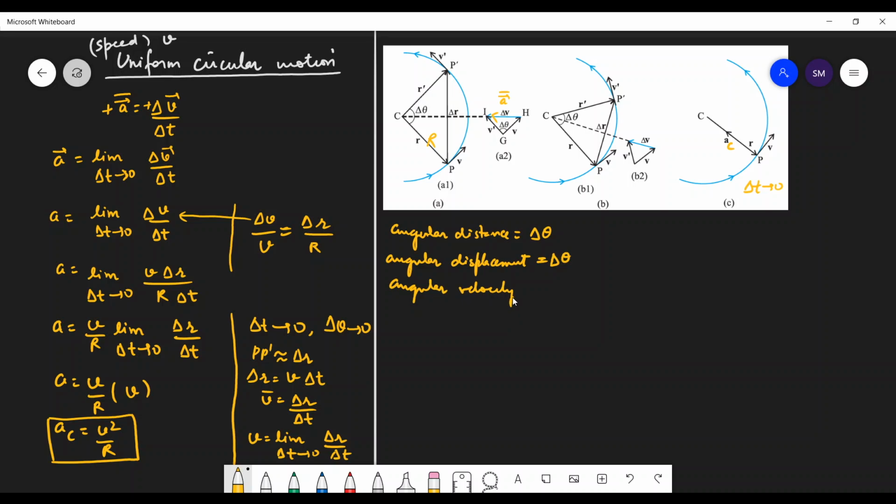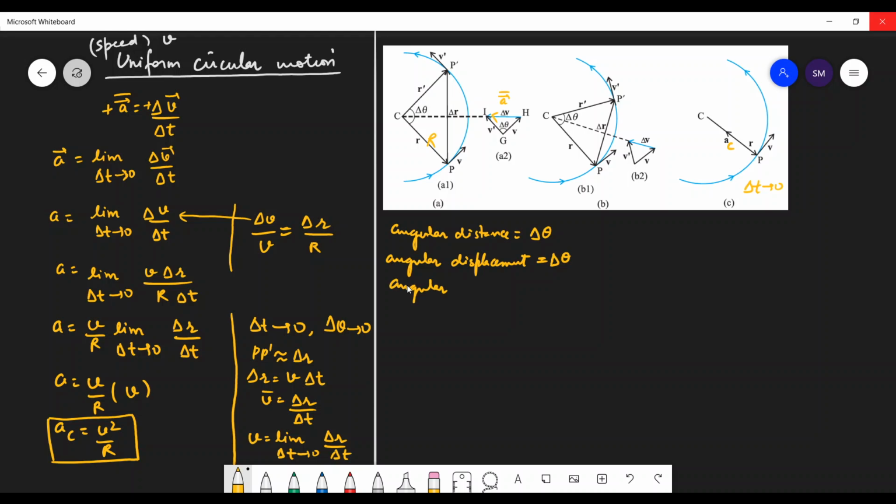So angular velocity, or you can say angular speed. If I am writing only magnitude, I can write it as angular speed.